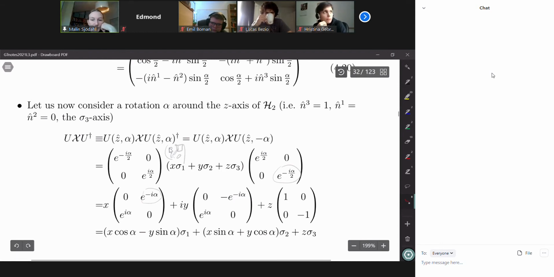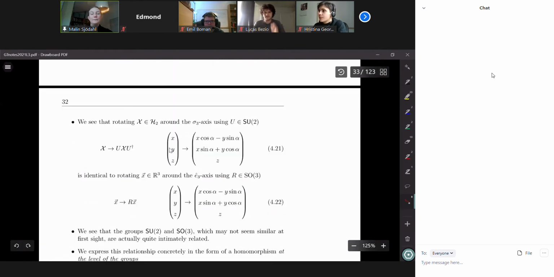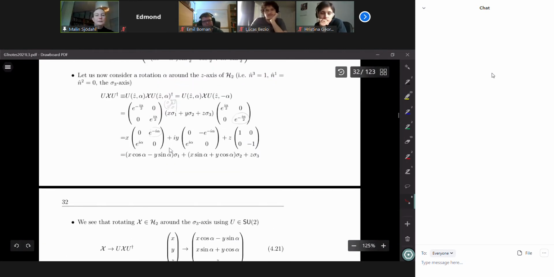And that's the real part here. And then similarly, we check what we have for sigma 2, and we check what we have for sigma 3. Sigma 3 is trivial, it is just this matrix standing here. Okay, so at the end of the page, we get this result for the rotated matrix.